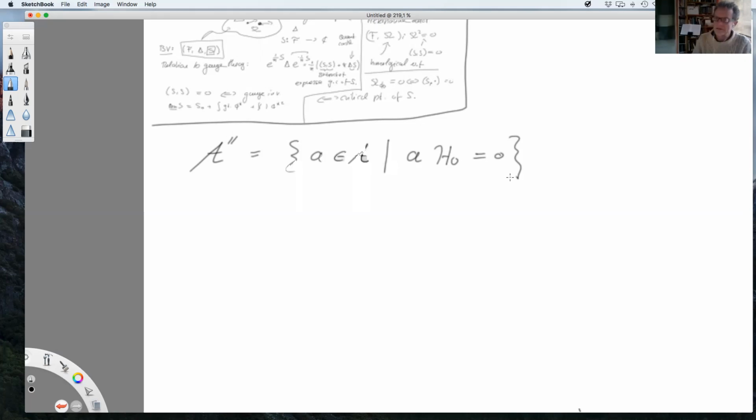So that is one way of reducing the algebra. I don't want to consider all possible elements, but only those.